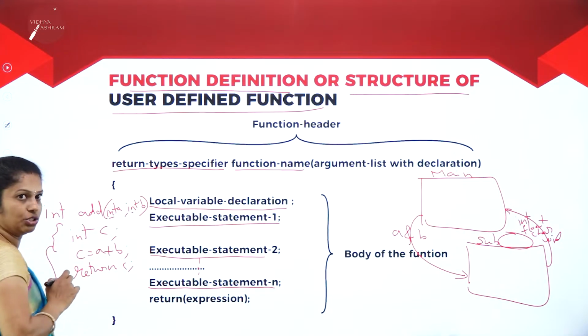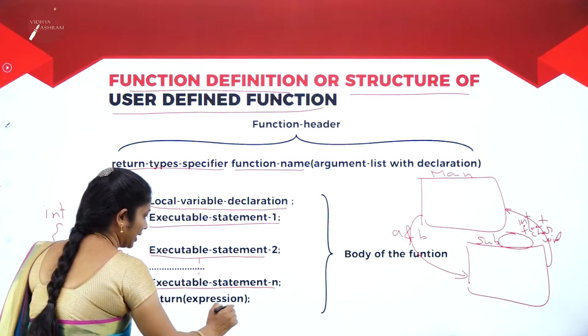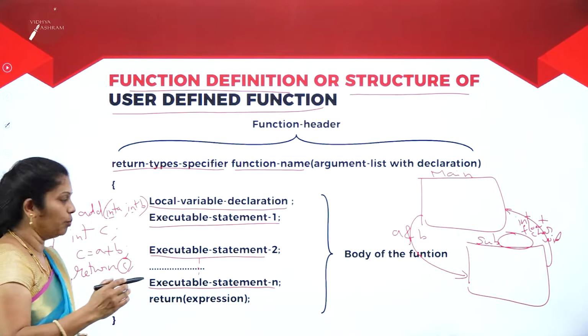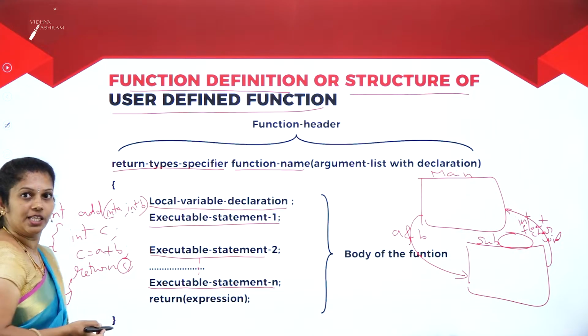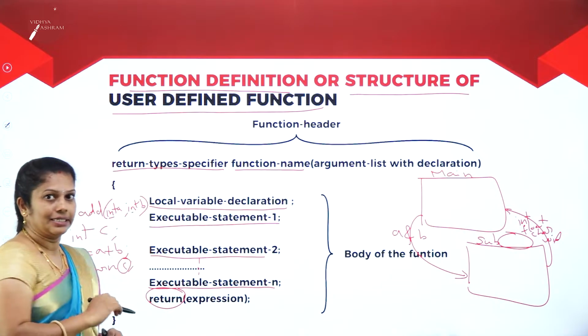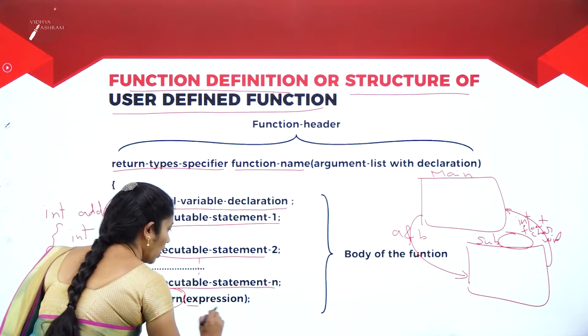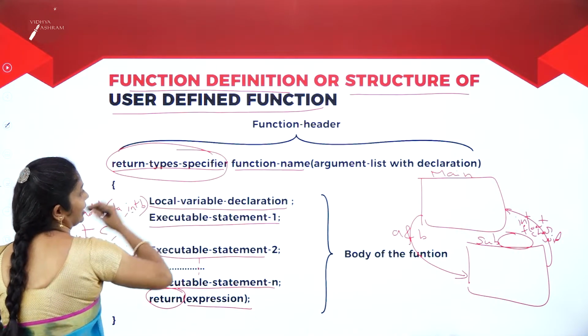Then we close this function. Inside the bracket you write the expression you want to perform. You can write C equals A plus B, or here itself A plus B also. After calculation, the return word means this value will pass to the main program, of whichever return type we have mentioned.